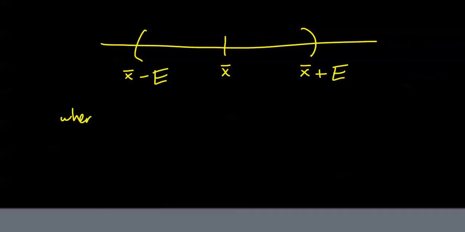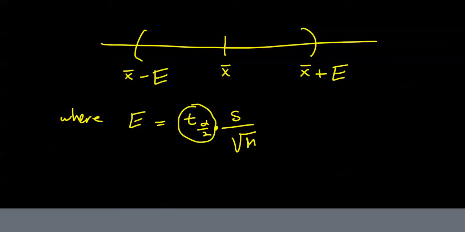Alright, well, our formula for E in this section, again, the book doesn't derive it. It may be beyond the scope of this course, really. It should look somewhat familiar to the formula for E which we saw in section 7.2. It's t sub alpha over 2 times S over the square root of n.